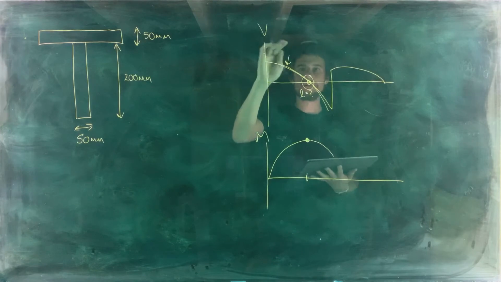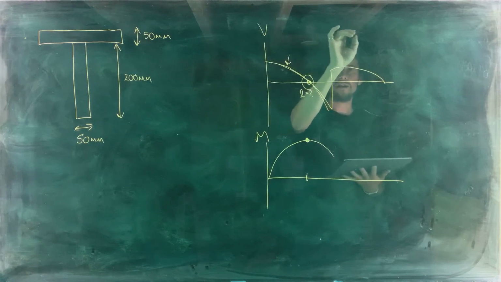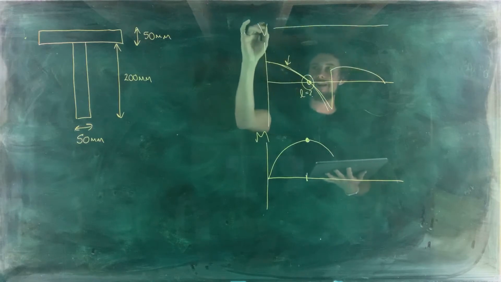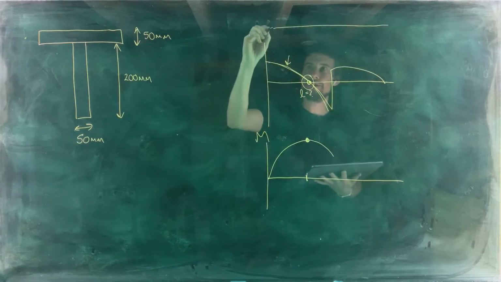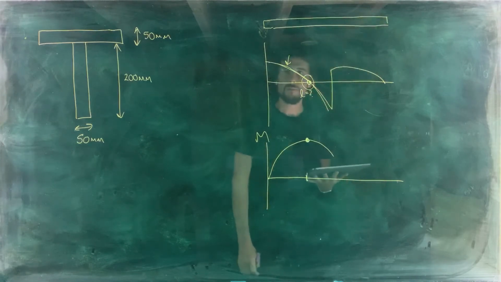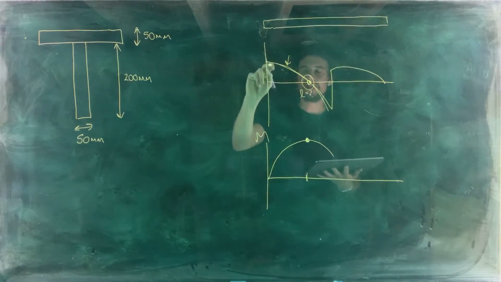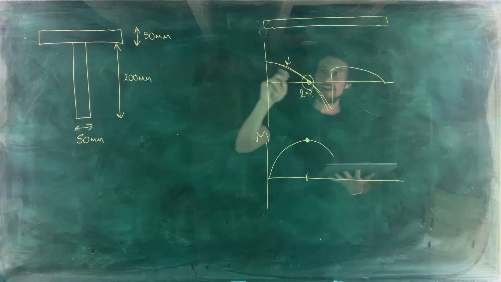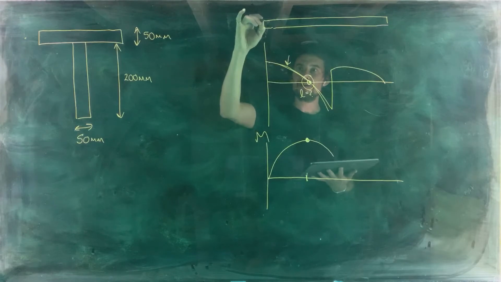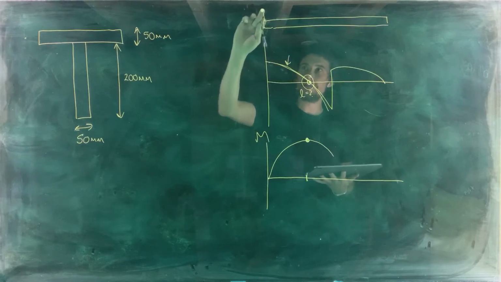So if we've got a curved line like that in the shear diagram, I should have given myself a bit of space above this. But we'll jam the free body diagram of the beam in here. So what you've got here is an increasing negative slope. So you must have increasing negative loads here.